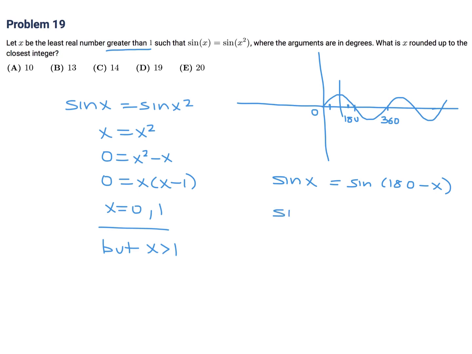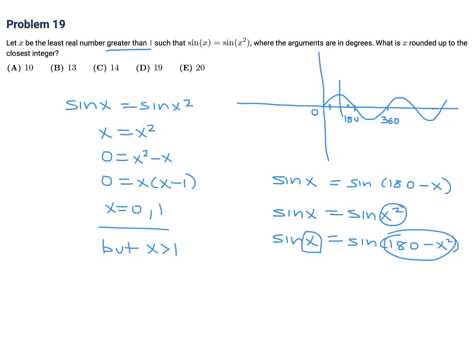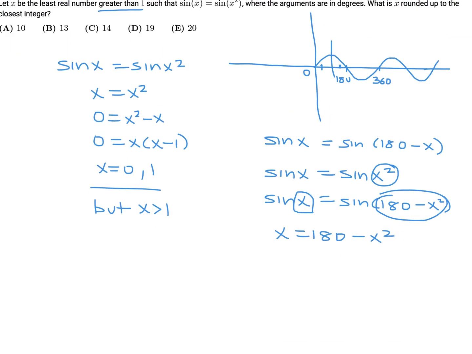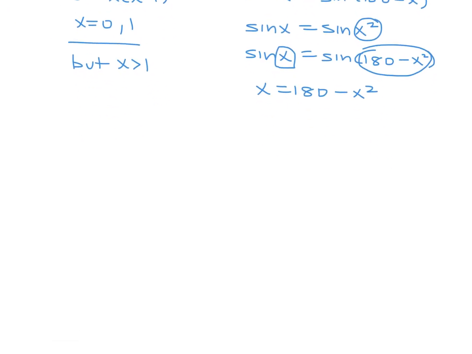So that means if you have the sine of x is equal to the sine of x squared, then the sine of x is the same as writing the sine of 180 minus x squared. So then we can just equate this with this. So x is equal to 180 minus x squared. And I think this should help us.